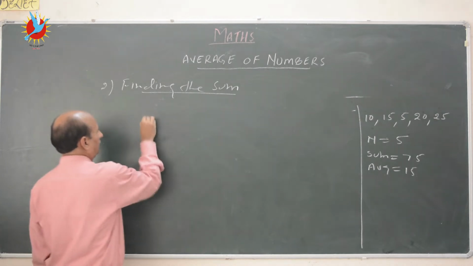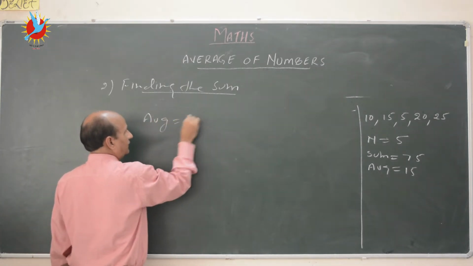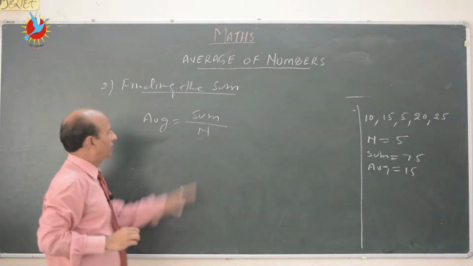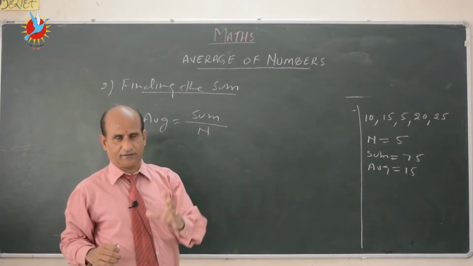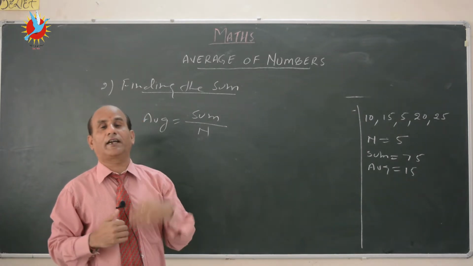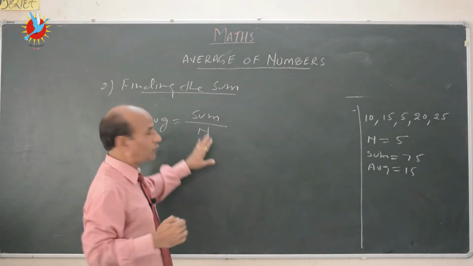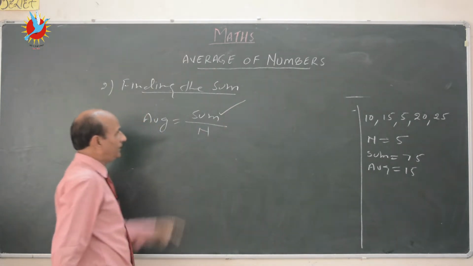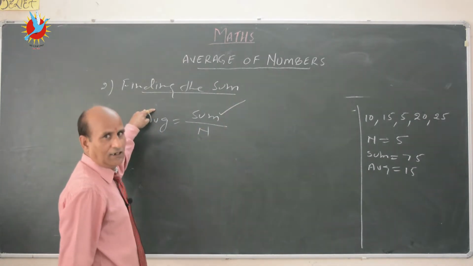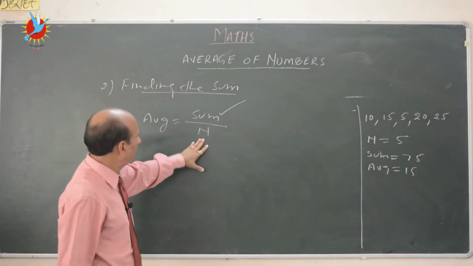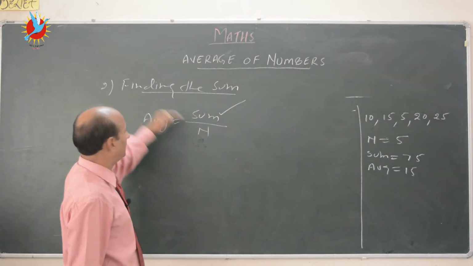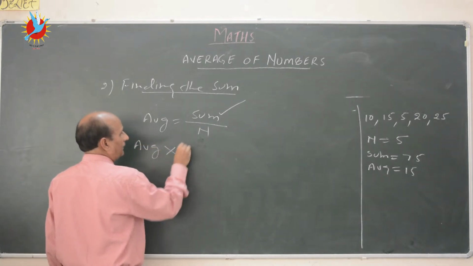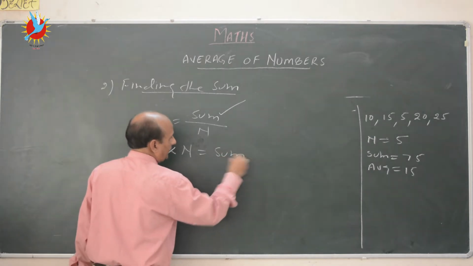Now the formula of average is what? Average is equal to sum divided by n. Here it is a sum of numbers, sum of heights. Suppose you want to find the sum of heights of the students, if the average and total students are given. So if you want to find the sum, then shift this n to the left hand side. Here it is divided, so when it is shifted to the left hand side, it is multiplied. So average multiplied by n is equal to sum.